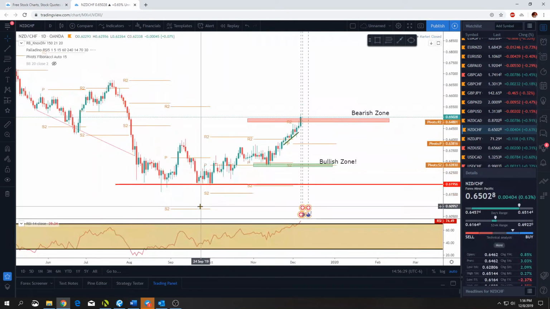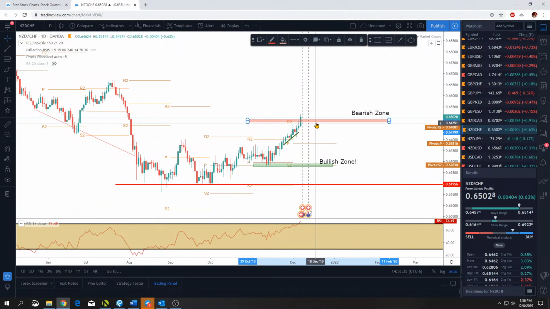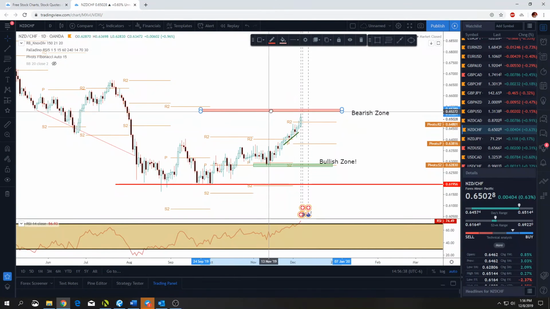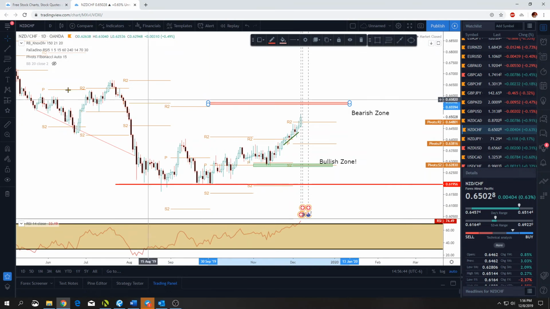New Zealand dollar, Swiss franc, same thing. New Zealand dollar is crushing everyone right now. Now that we broke this bearish zone, I'm not particularly bearish till maybe the bottom of that little dip right there. So that would be where I'd see some probability of a sell trade.